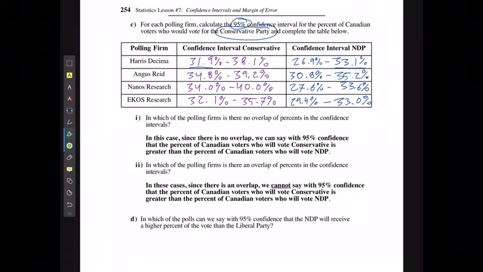In Nanos, this goes down to 34.0, and this goes up to 33.6. So there is no overlap.